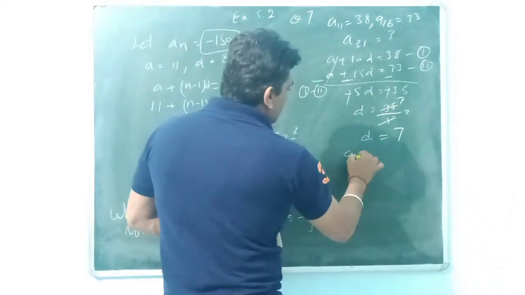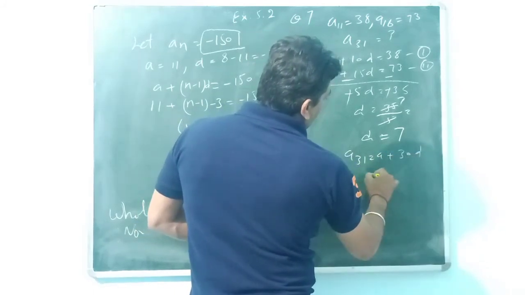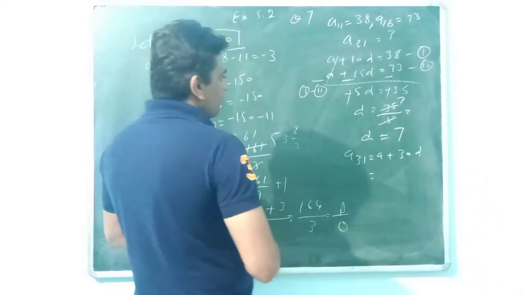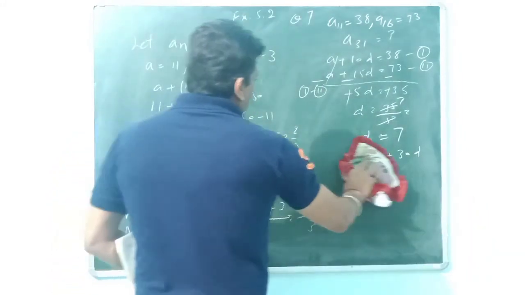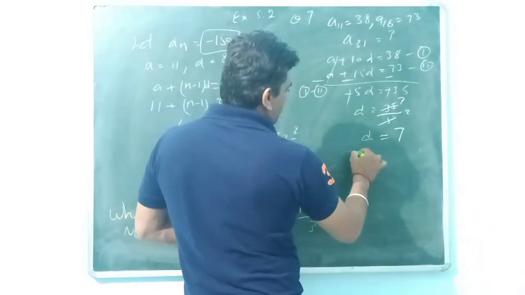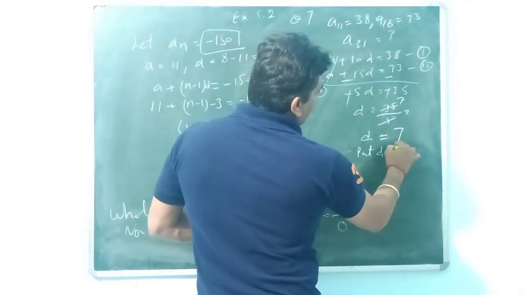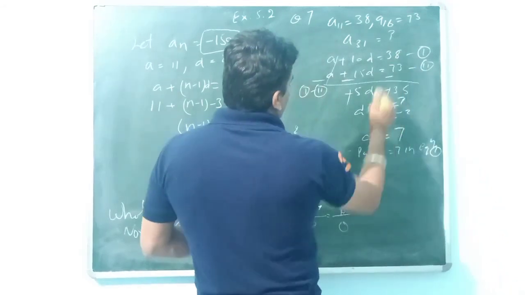Now a31 is equal to a plus 30d. First we have to find the value of a. Put d equal to 7 in equation 1.